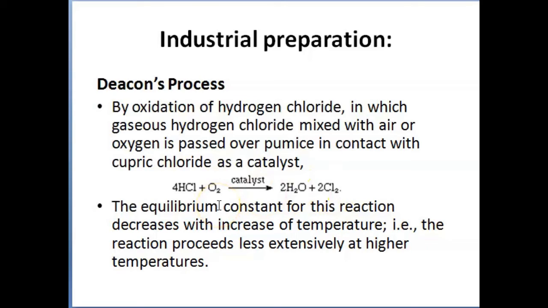The equilibrium constant for this reaction decreases with increase of temperature. That is, the reaction proceeds less extensively at higher temperatures. So these are the four methods used to prepare chlorine gas: two industrial preparation and two laboratory preparation.